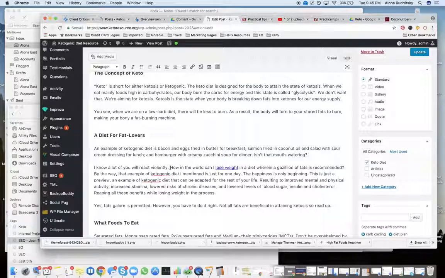I know a lot of you will react violently and say, how in the world can I lose weight in a diet where a gazillion fat is recommended? Okay.